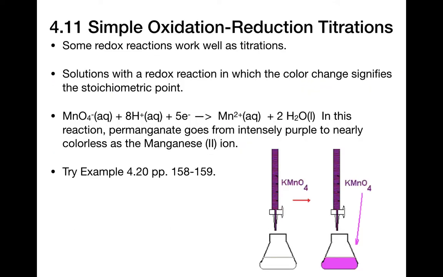Simple oxidation-reduction reactions can work as titrations if you have a colored species that will turn color to indicate the end of the reaction. One common one is the permanganate ion, which will change color from intensely purple to nearly colorless manganese 2 as it gains electrons and is reduced by a molecule like, say, hydrogen peroxide.